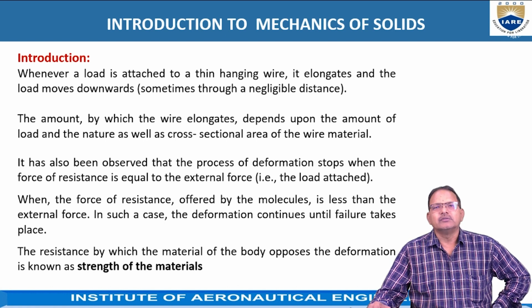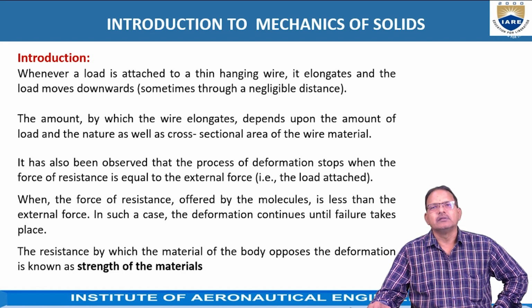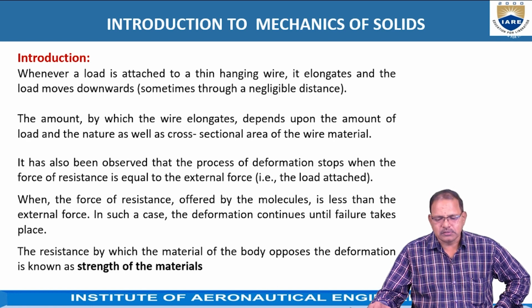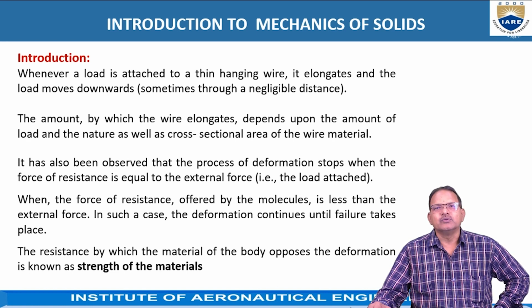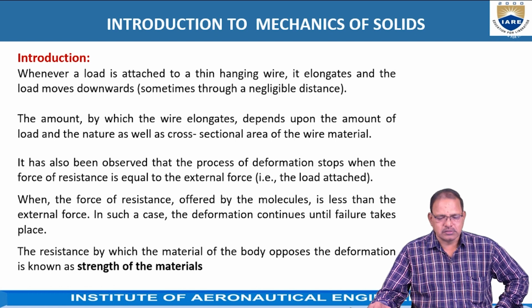Whenever a load is attached to a thin sheet or a thin wire hanging freely from the support and subjected to a load acting at its end position, it elongates in the downward direction.